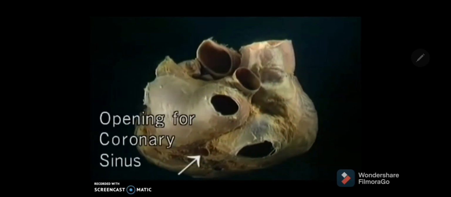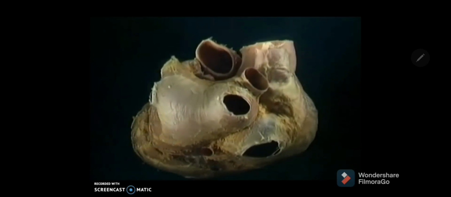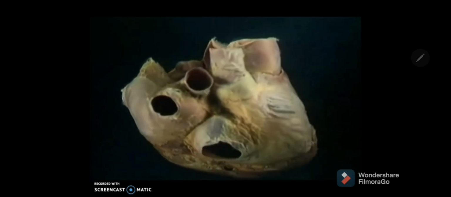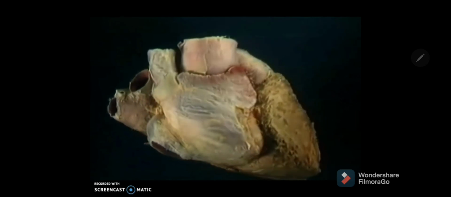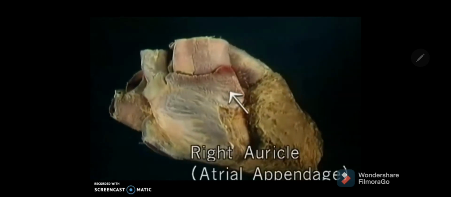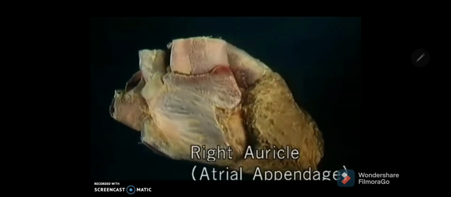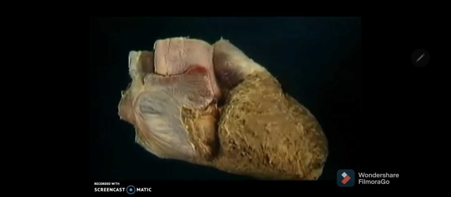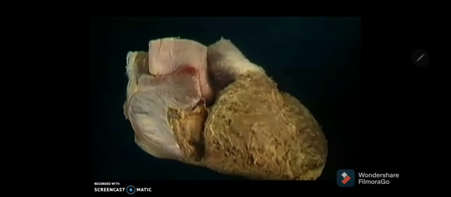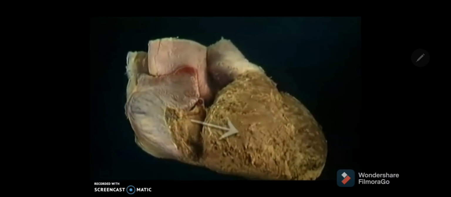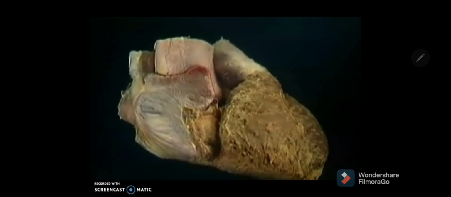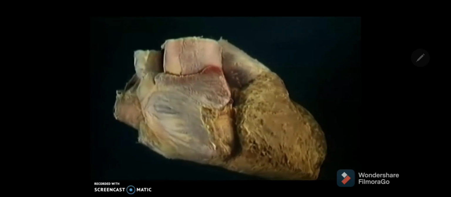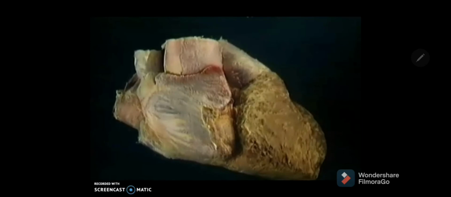The left atrium receives two pairs of pulmonary veins, and that is the coronary sinus, the largest vein of the heart. You can see the right auricle. Auricles are ear-like appendages of the atrium. Usually blood does not flow there, and thrombi will collect there. The blood from the right atrium goes to the right ventricle via the tricuspid valve, which is located here.